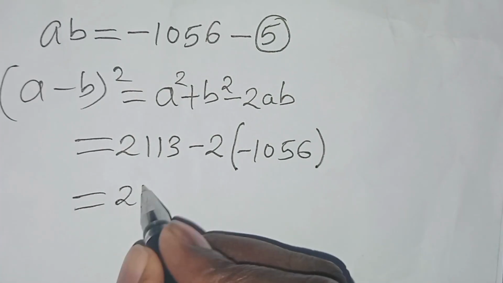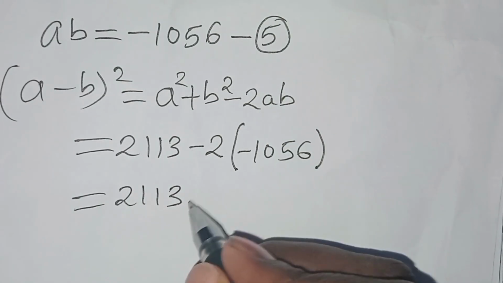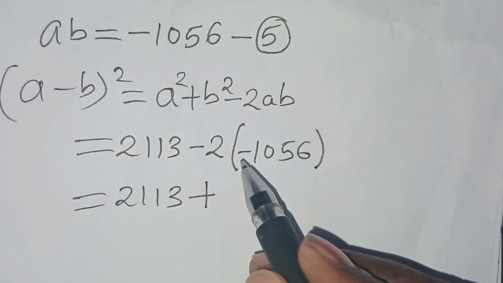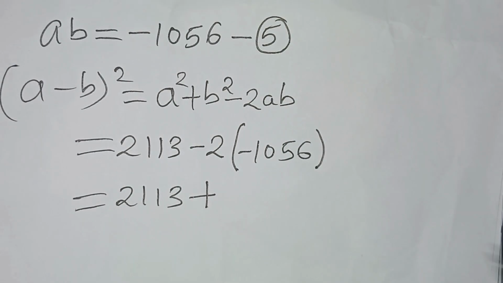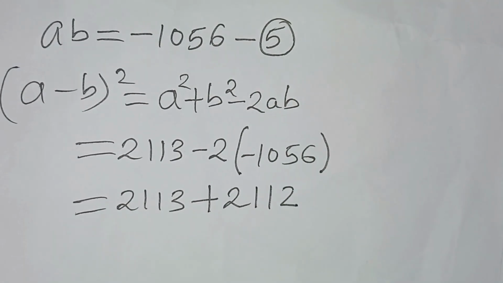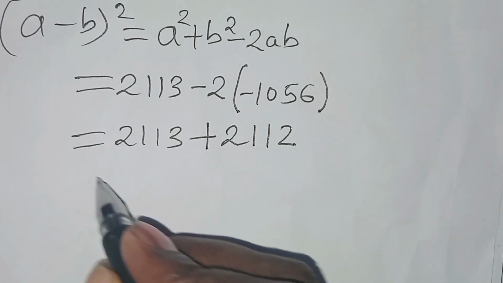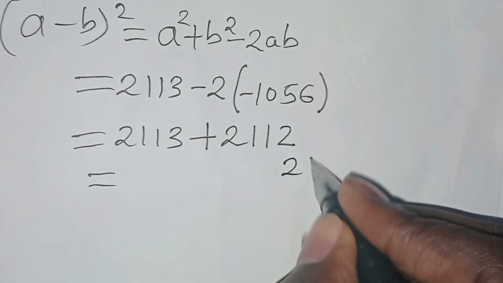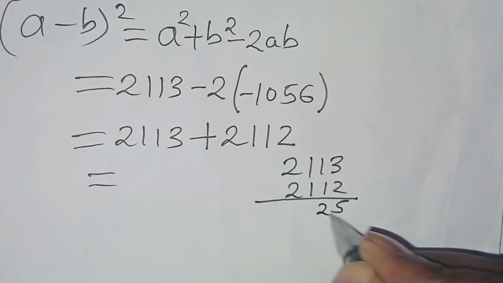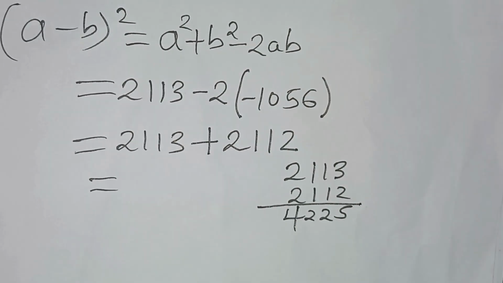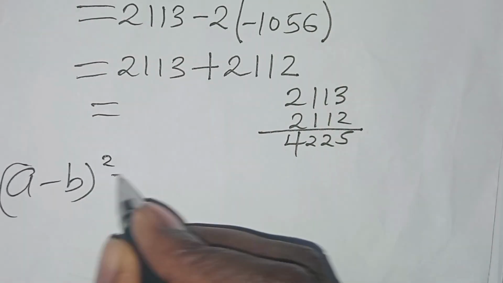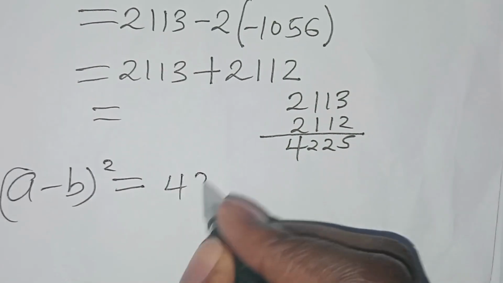Negative times negative is plus, so we have 2113 plus 1056 times 2, which is 2112. So 2113 plus 2112 is equal to 4225. So we have (A minus B) squared equal to 4225.